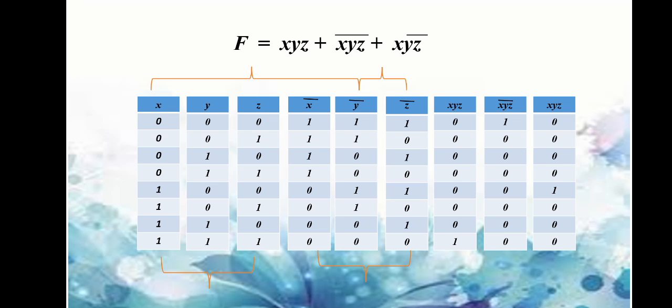You have to see the column of x, y NOT, z NOT, the rest of the columns you will ignore. Then in the third row, x is 0, y NOT, z NOT is 0, 1, so again 0. Then in the fourth row, 0 in the x column and y NOT, z NOT is 0, 0, it will again give you 0. In the fifth row, x is 1 and y NOT, z NOT is 1, 1, so it means all three inputs are 1, so it will give you output 1 and the rest all will be 0.